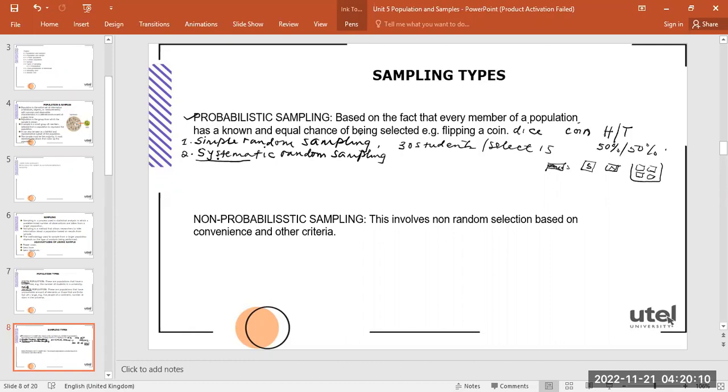But actually, what you will do is that, for example, let's still use the case of the students. And you want to select, let's say, 5 students or 6 students. Now you could decide to have a random number generator that may generate the first number for you.